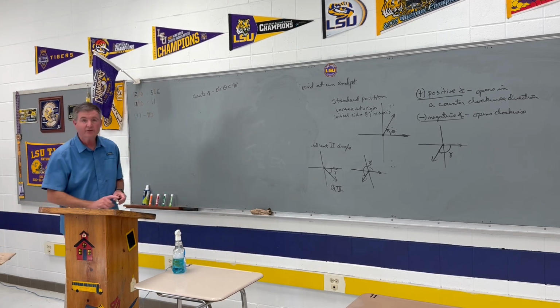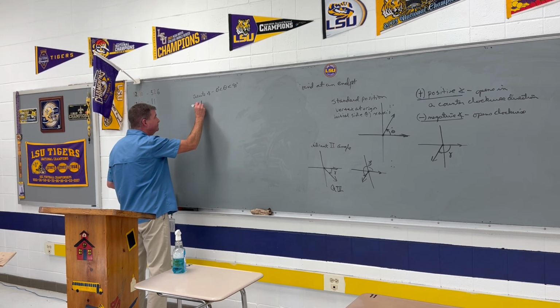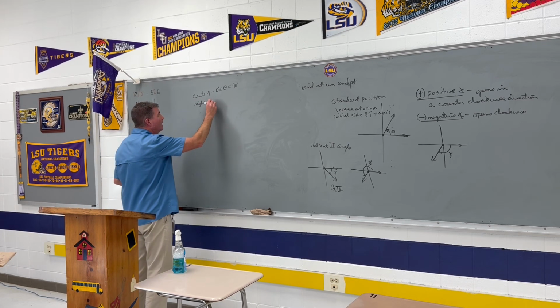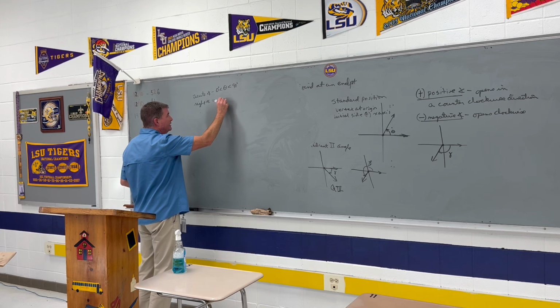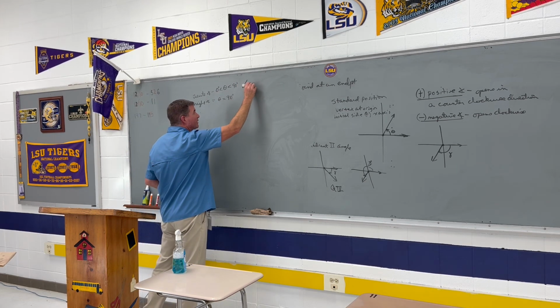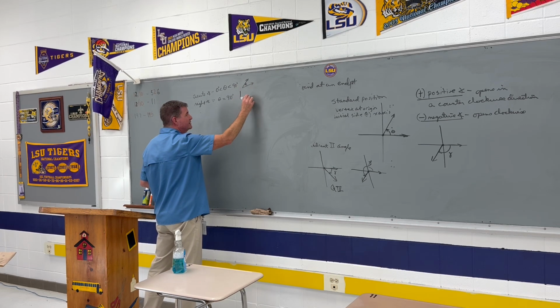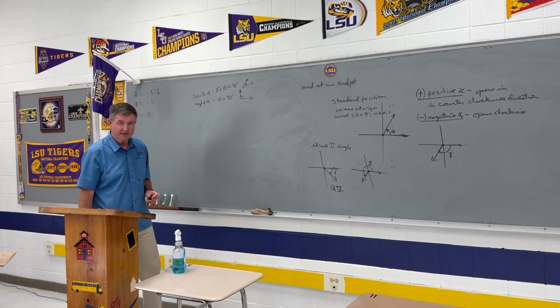The next angle on our list is going to be a right angle. A right angle is when theta equals 90 degrees. By the way, this would be an example of an acute angle. This would be an example of a right angle. Right angle has the little box.